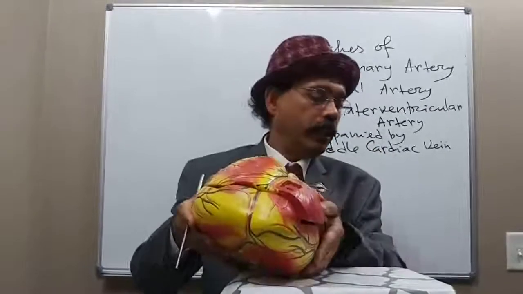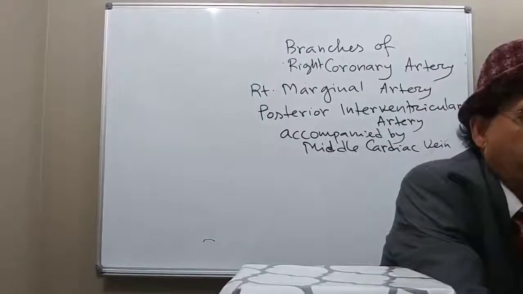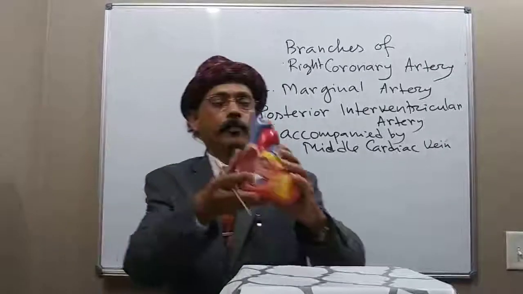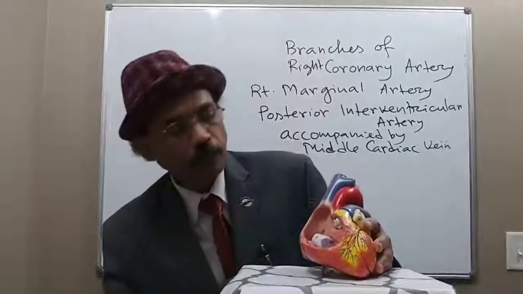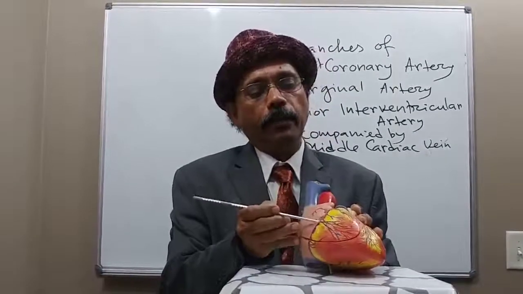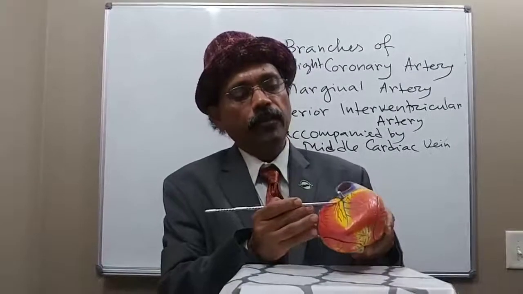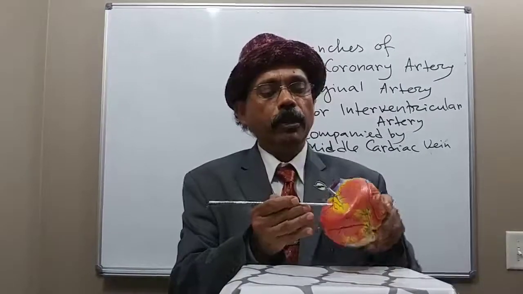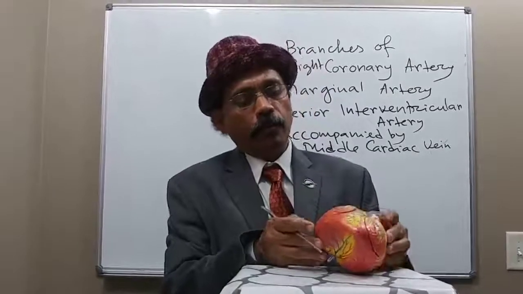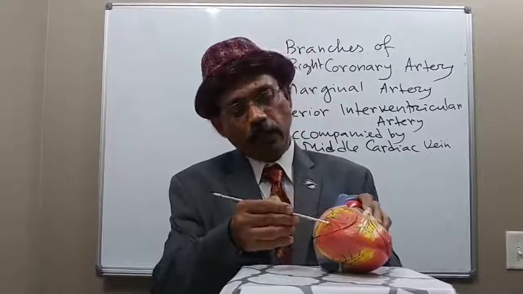Okay, if we compare this model with my small model, we'll find that this is the right coronary artery. This is the posterior interventricular artery, middle cardiac vein. We may have a branch here. Yes, this should be a little bit down.